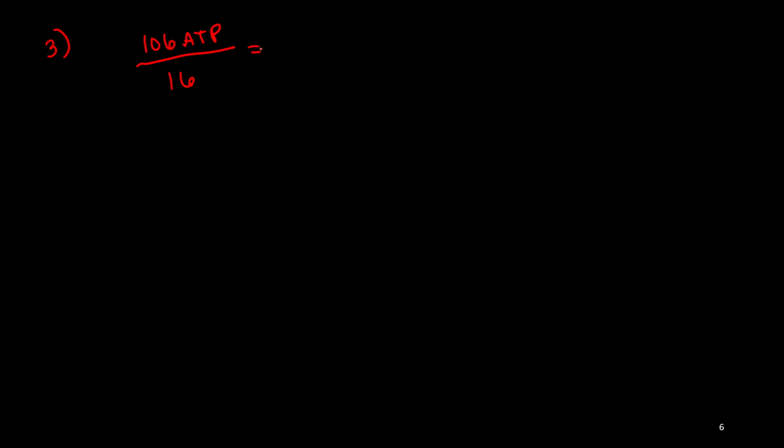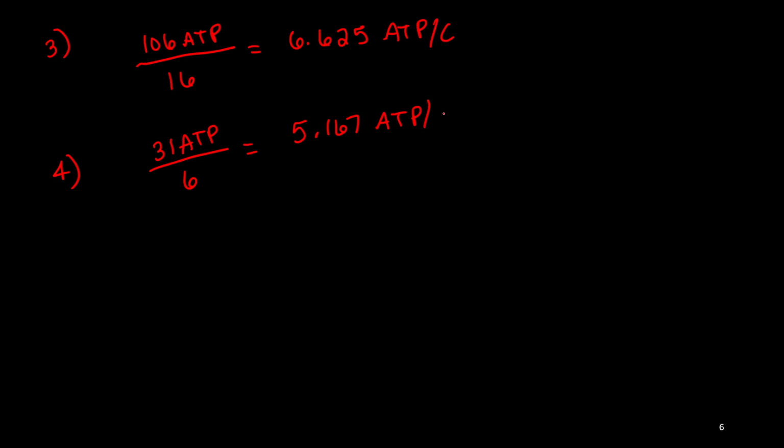So if you did 16 carbons, you get 6.625 ATP per carbon, compared to 4, which is 31 ATP for glucose on average. Glucose has 6 carbons, and that gives you 5.167 ATP per carbon.